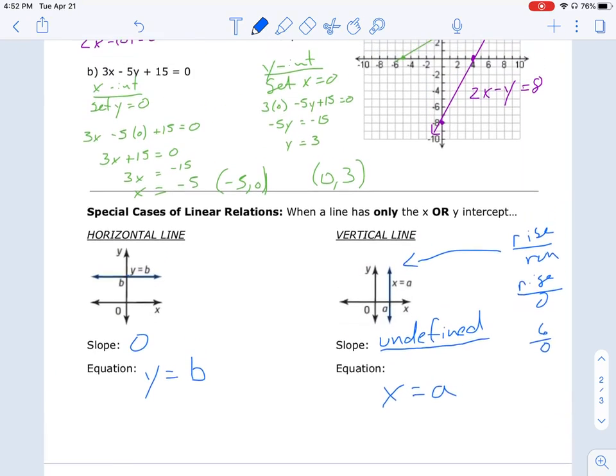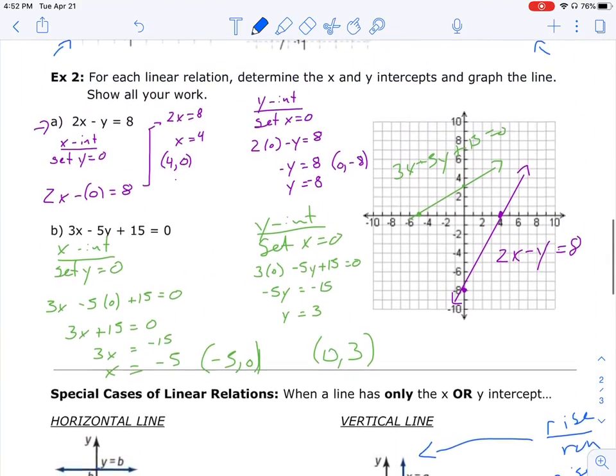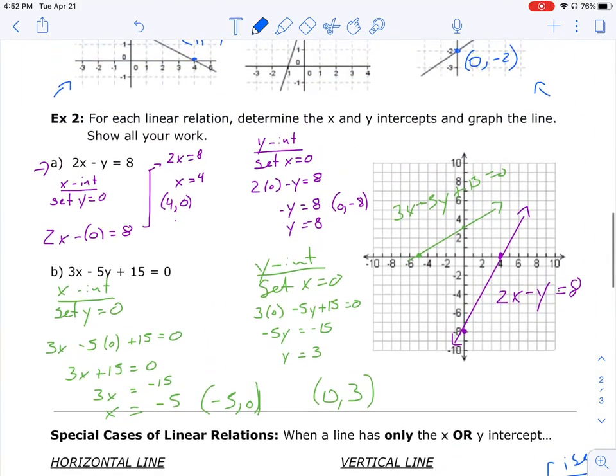So the big takeaway here, and what I've seen students have a little bit of issue with in the past, is when we know how to find the intercepts. So I'm looking for my x-intercept. I set y equal to 0. Okay, great. And then you get a number. X is equal to 4. Okay, cool. We now need to know that that is technically a coordinate. We already know our y value because we determined it over here.